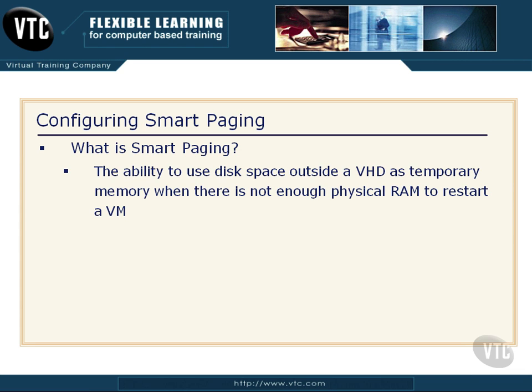Now, when we talked about dynamic memory, we talked about all the problems that were caused in Server 2008 because we had to make sure there was enough physical RAM on every virtual machine for a restart, even though once it was riding along straight and steady, it didn't need nearly that much RAM. Smart paging will alleviate that inability to restart by going into a paging process when you don't have enough.